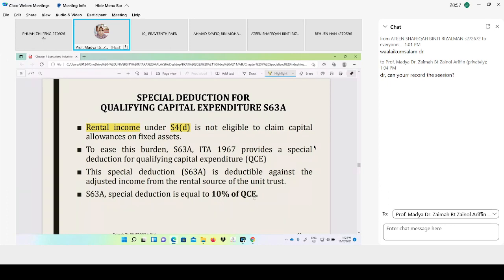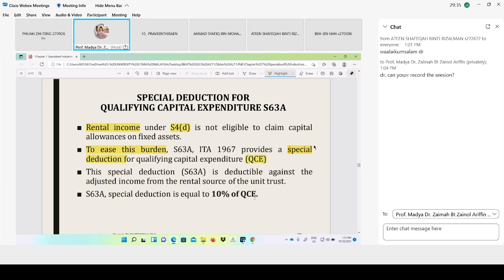But in here, the unit trust, because they give this specialized industry an incentive to ease the burden, because they are involved with a lot of qualifying capital expenditure but cannot claim capital allowance, they still give the deduction. They call it special deduction for QCE, qualifying capital expenditure.